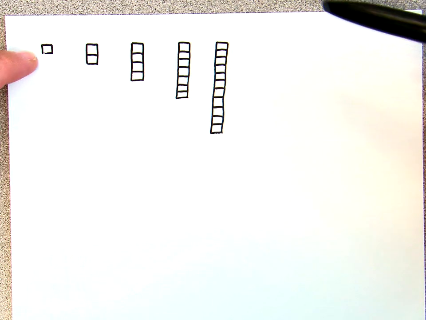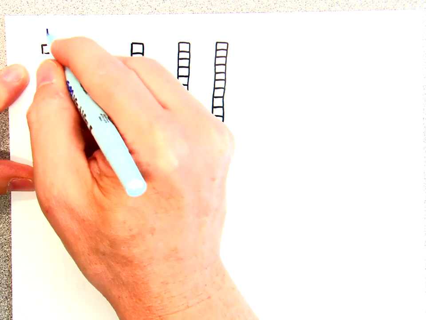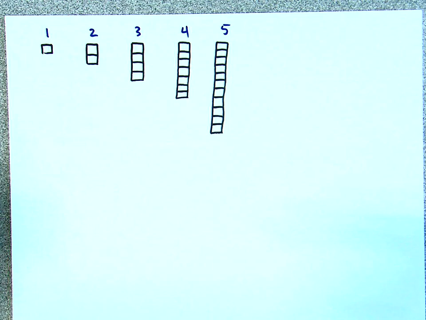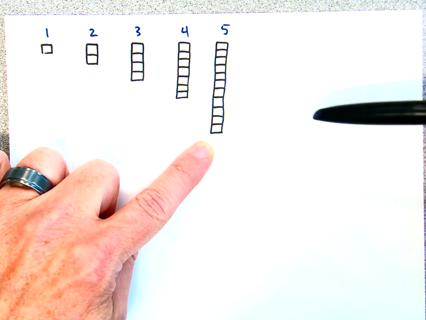Now, with these images, I could say that this is the first image, the second image, the third, fourth, fifth, right? And for a recursive formula, we'll extend the pattern to say, well, what would the sixth image look like?